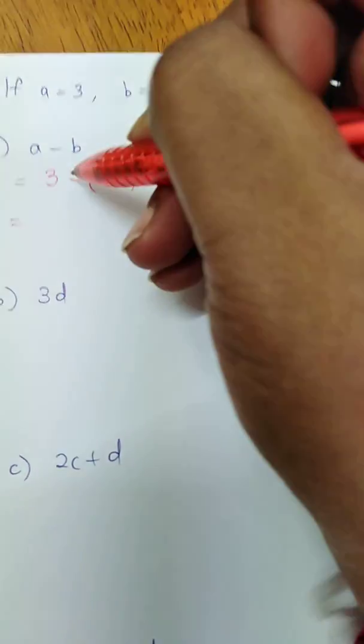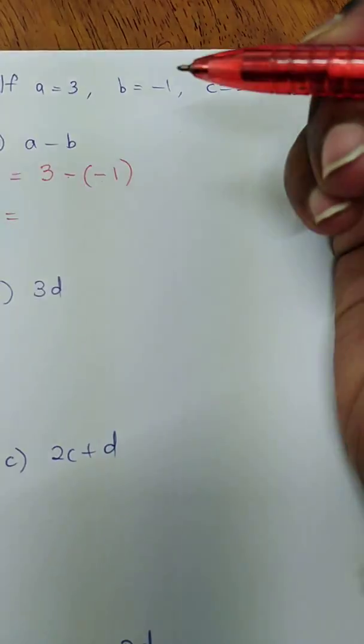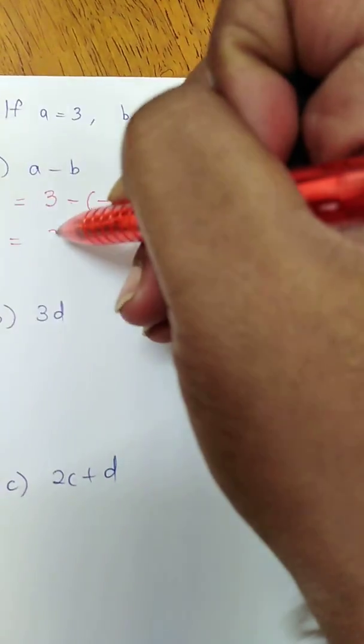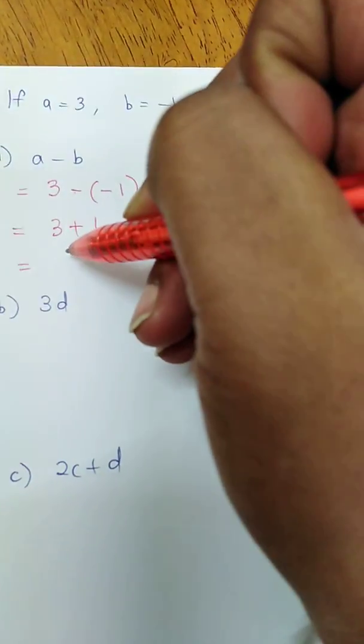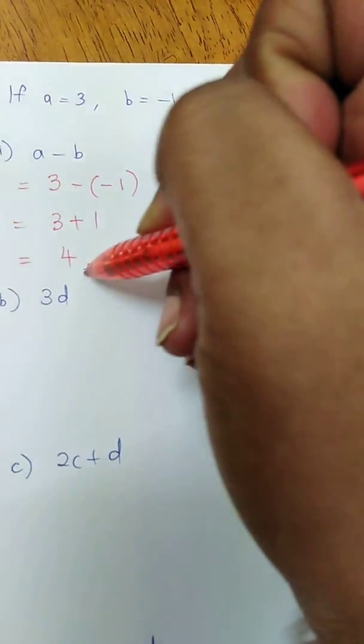Remember, negative times a negative is positive. So 3 plus 1, your answer is 4.